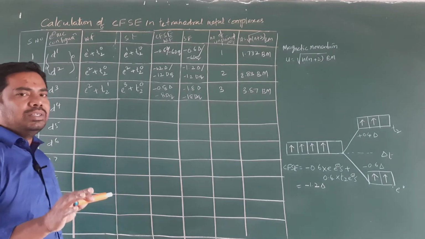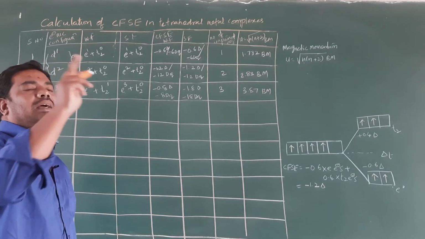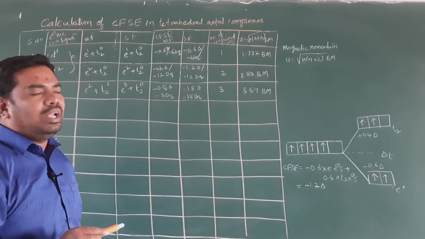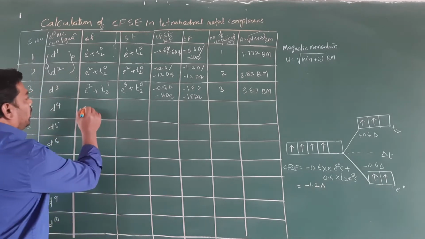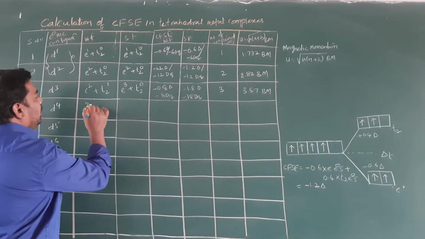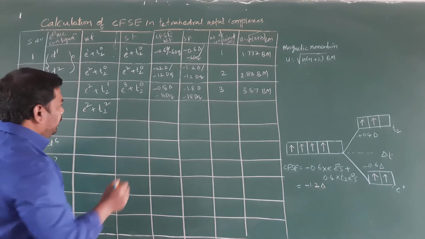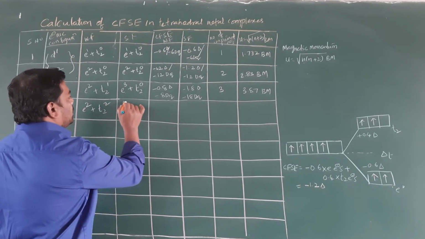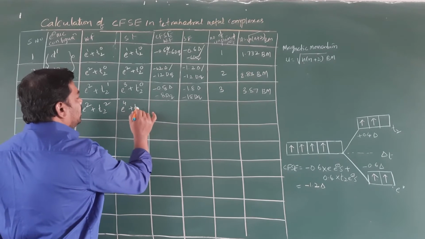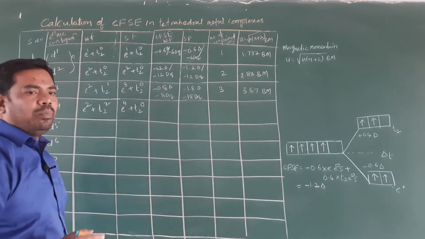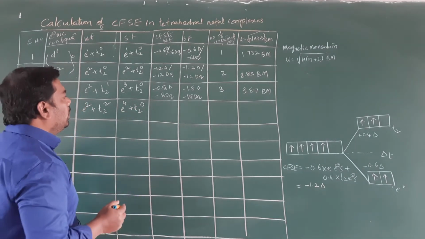If the lower energy level is completely filled, then the next electron is placed into the higher energy level. So if it is a weak field complex, E2 plus T2 2. If it is a strong field complex, E4 plus T2 0. Clear, student?